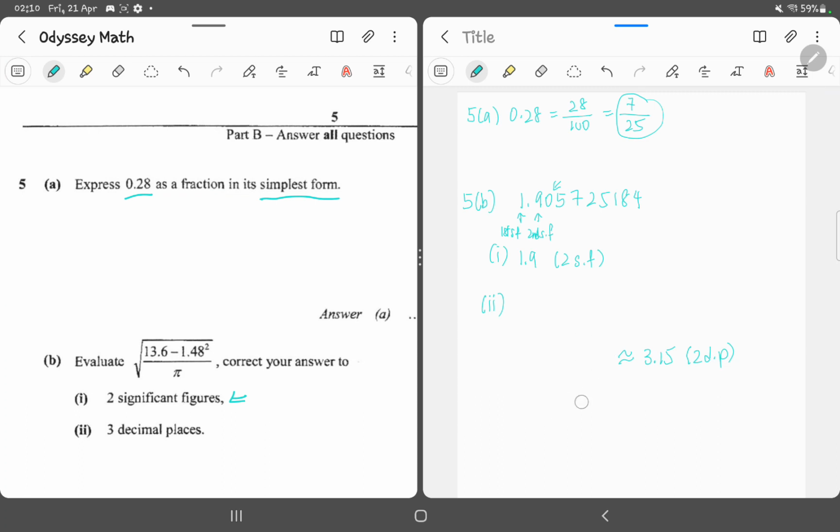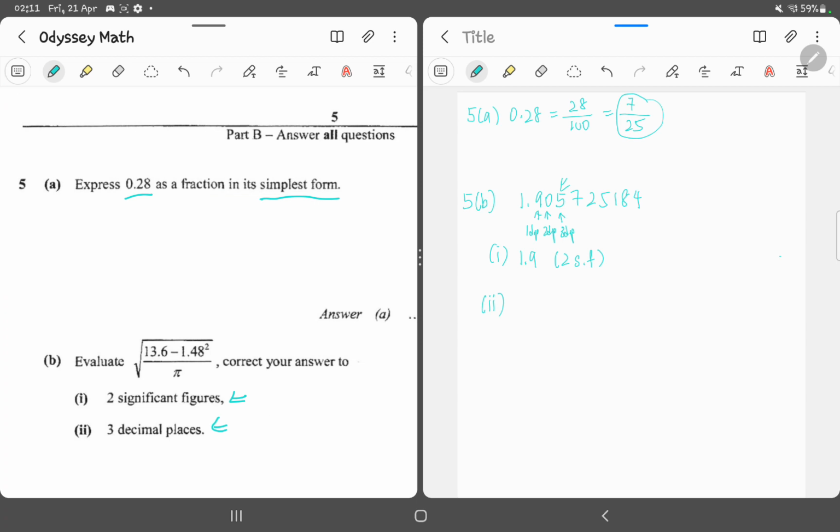So now that you know how to round to decimal places, based on this number we are required to round to 3 decimal places. So after the dot, the first decimal place, the second decimal place, and the third decimal place. So the digit 5 over here is actually the third decimal place.